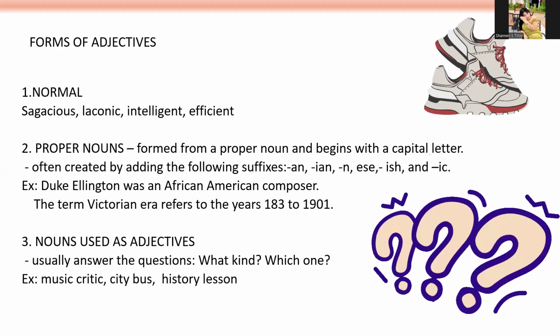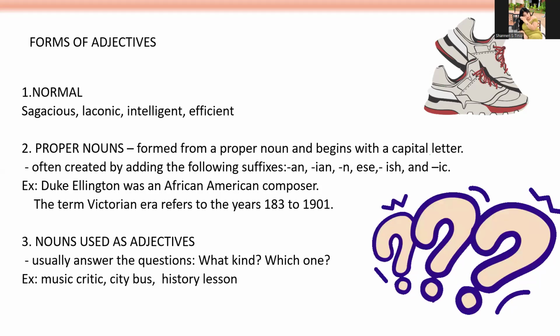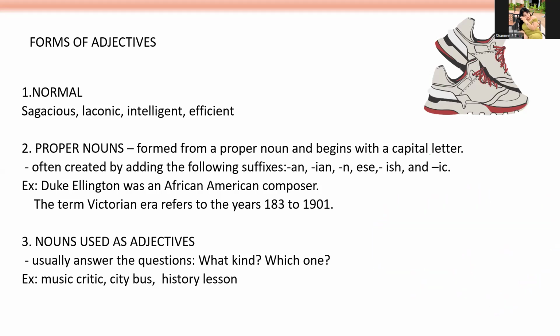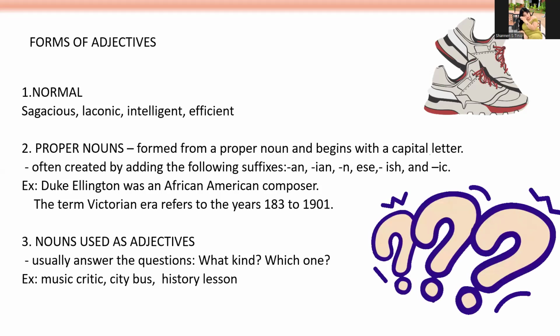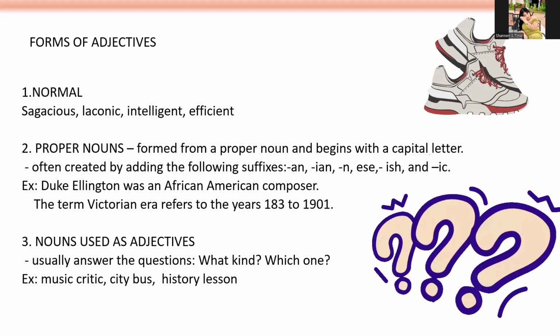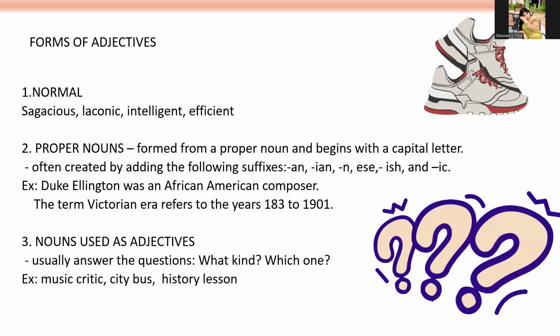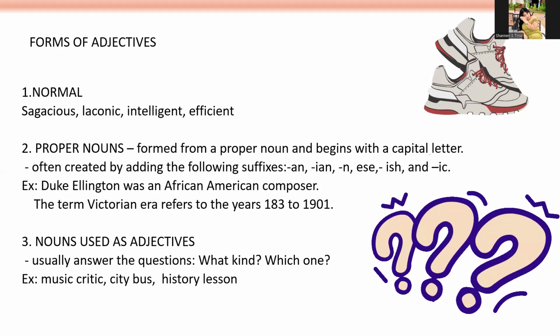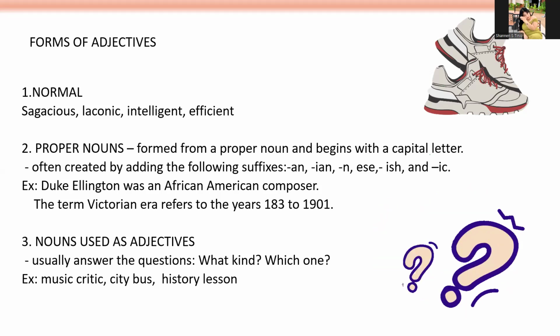Chinese. I'm planning to take a foreign language. Which foreign language would you like to learn? I'd like to learn the Chinese language. What kind of language is that? Chinese. What kind of man is he? He's a Chinese man. See? The proper nouns are used as adjectives as well.